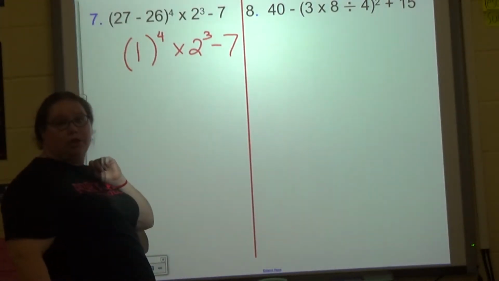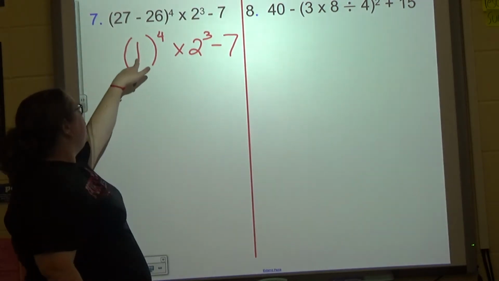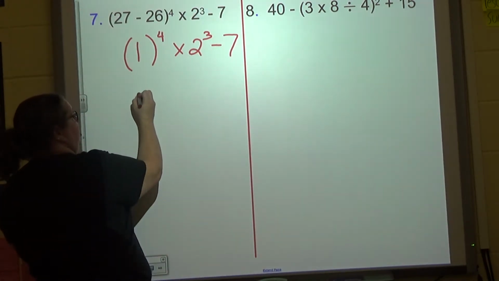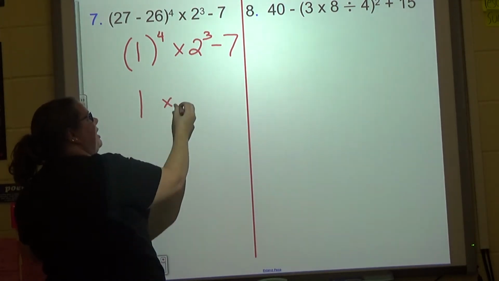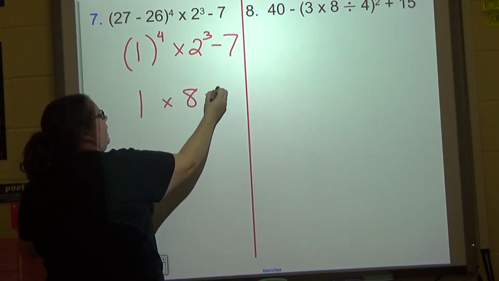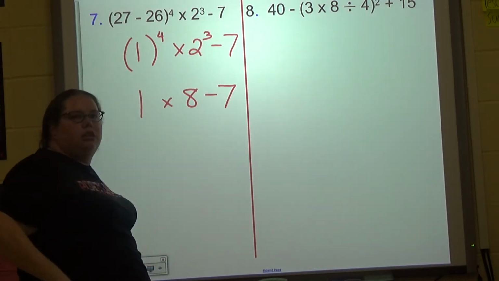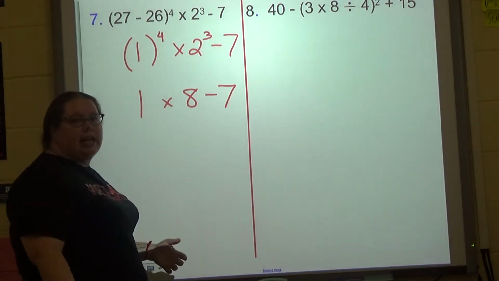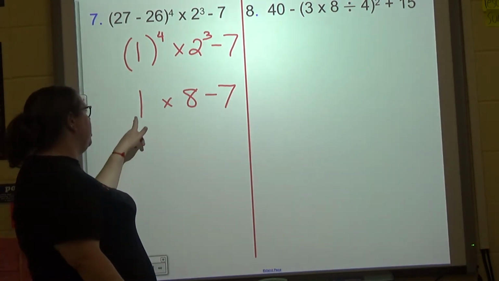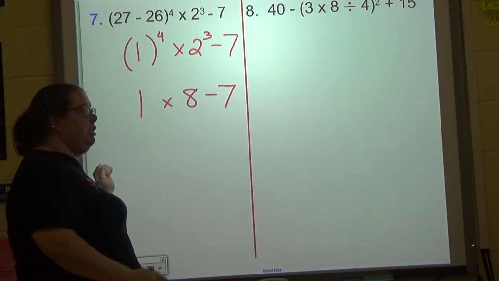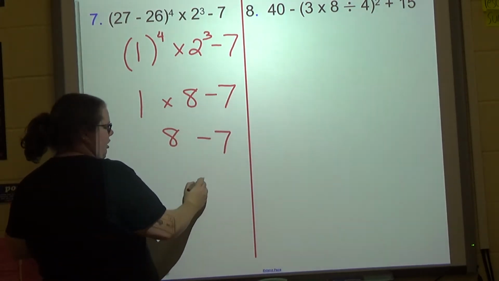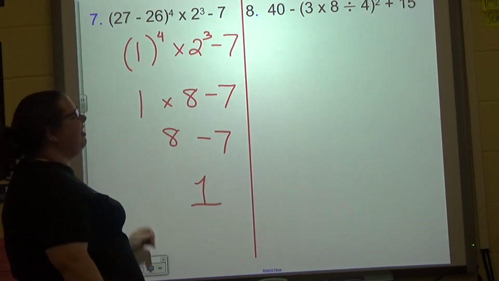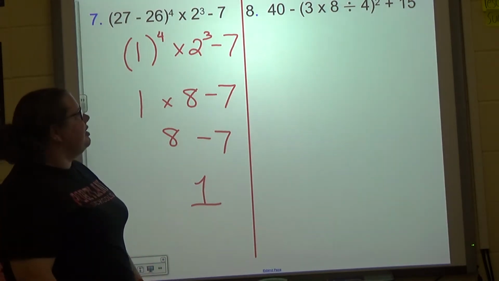Now I have 2 exponents, so I have to do both of those. So 1 to the 4th is just 1 times 2 to the 3rd is 8 minus 7. So parentheses, exponents, multiplication and division. That's 1 times 8 is 8 minus 7 is a 1. All that equals 1. Doesn't that kill you sometimes?